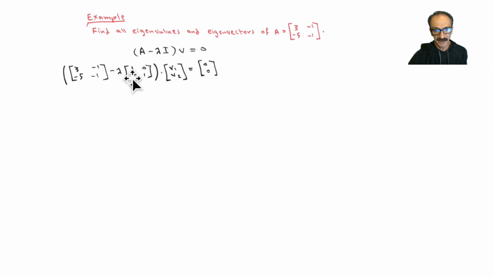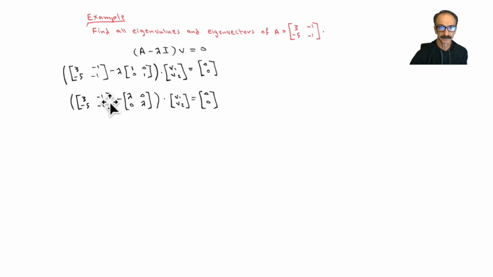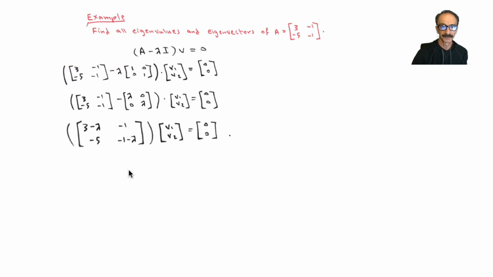Multiplying lambda inside here, that will look like lambda 0, 0, lambda. Then we're going to subtract those two matrices. Subtracting these two, the first element will be 3 minus lambda. The second element will not change, -1 minus 0, and so on.